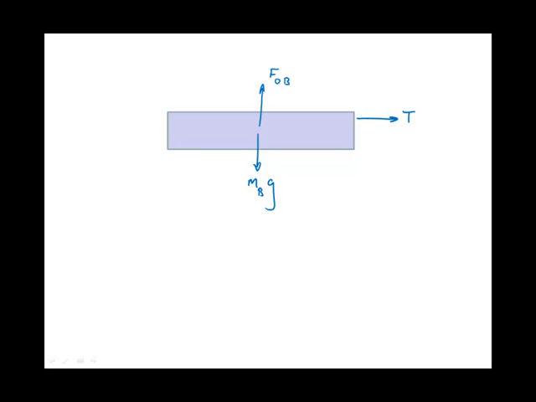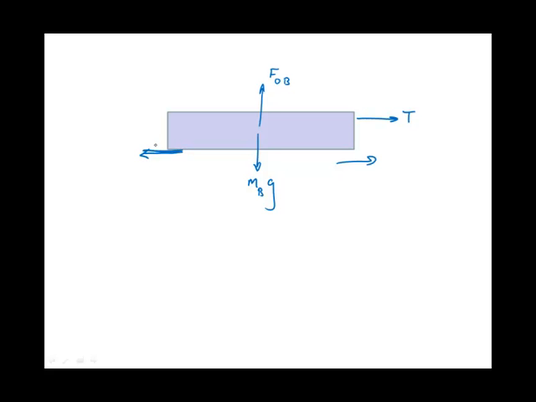And then there's also going to be friction. Now the frictional force is the interesting one, because what direction will the frictional force be? The way we answer that question is we assume there is no friction at all. Now if there's no friction, the tension in the rope is going to pull the beam to the right. But there's nothing to pull the orange beam, and so the orange beam is going to slide in this direction.